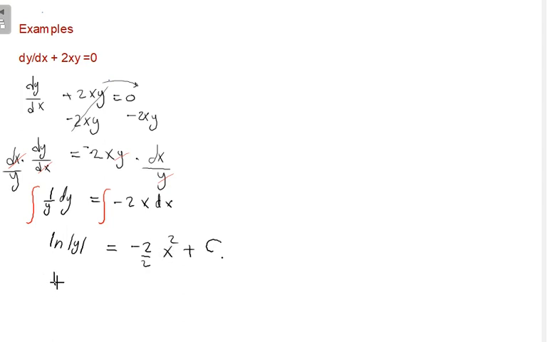Now ln of the absolute value of y equals minus x squared plus c. In order to get rid of the ln, we raise both sides to the exponential: exponential of ln of the absolute value of y equals exponential of minus x squared plus c.